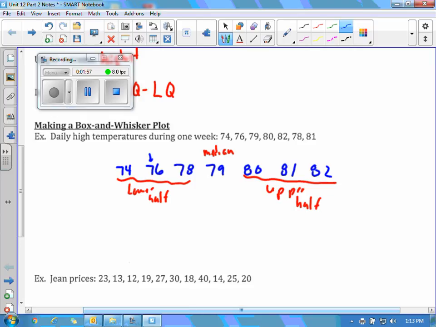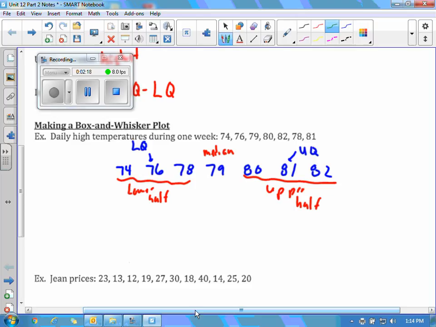That makes 76 the median of the lower half, which makes this the lower quartile. I'm just going to write LQ. Then I go to the upper half. I have 3 numbers again. I knock off 80 and 82, and I have 81 in the middle, so that makes 81 the upper quartile, or the median of the upper half. So now we can build our Box-and-Whisker plot.